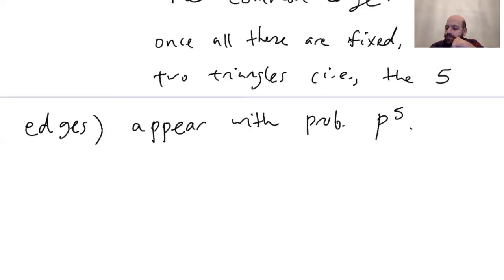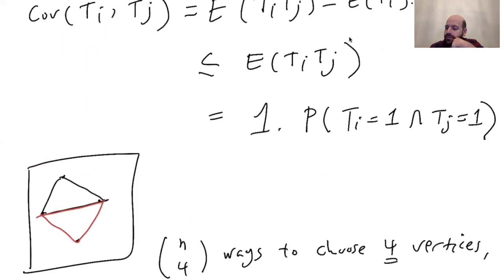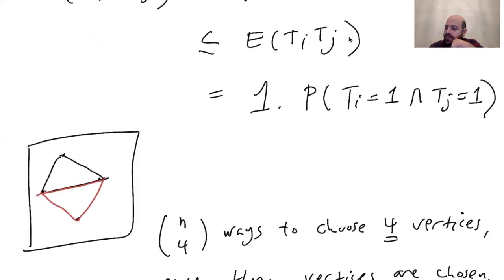Okay, so this one is basically p to power 5, right? I also explained, once I fix everything, the probability is p to power 5.